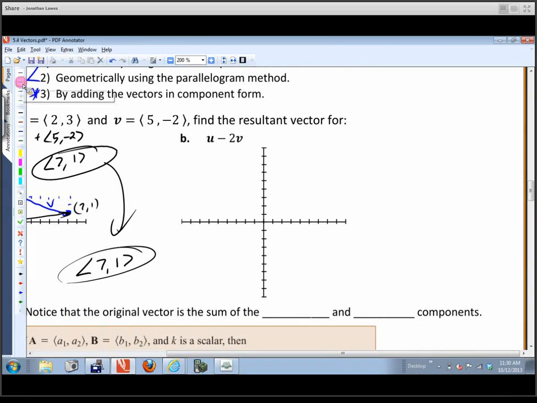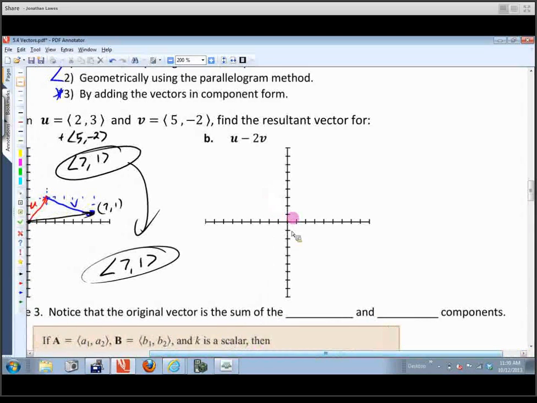So vector u, again, is the same vector, 2, 3. So it looks like this. So there's u. And I'm going to do this one just using the tail to tip method. So I'm going to subtract two v's. Well, remember what the negative does to this. What it's going to do is change the direction of this.